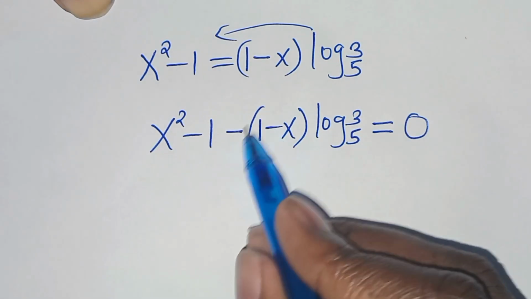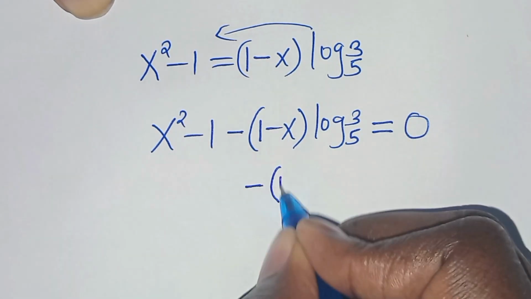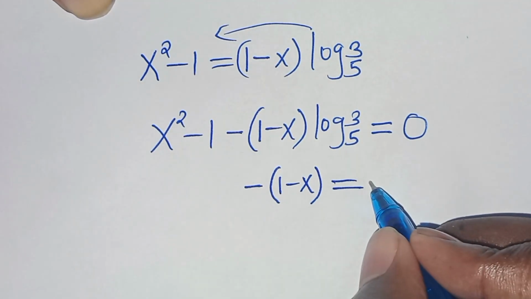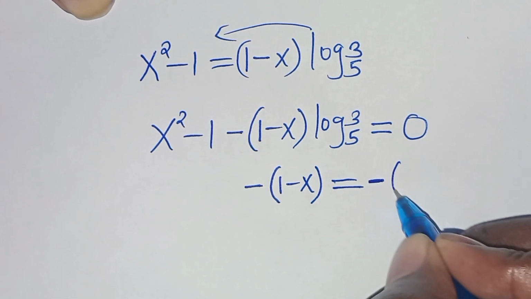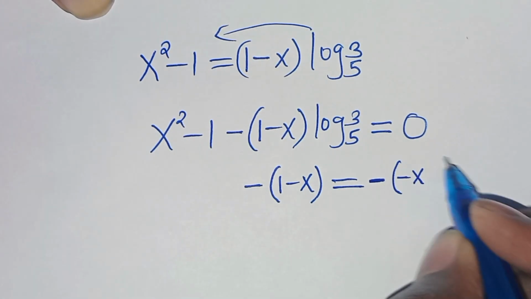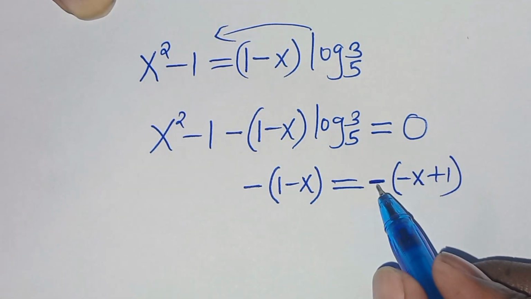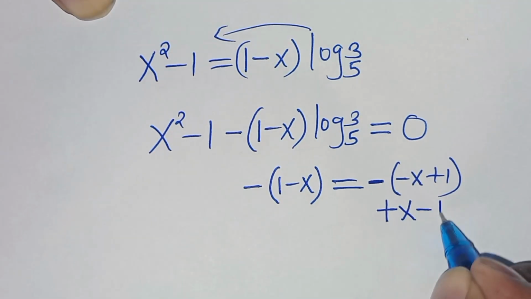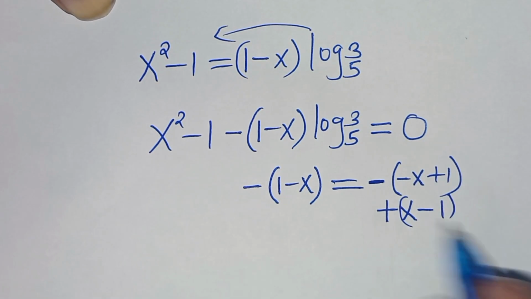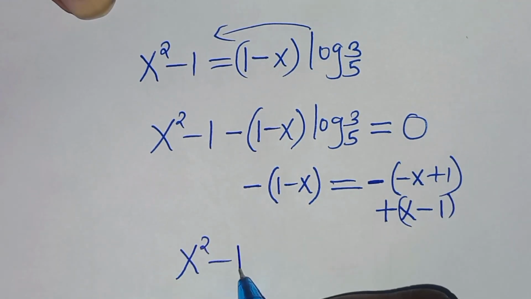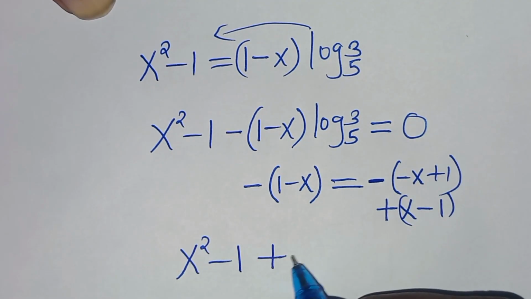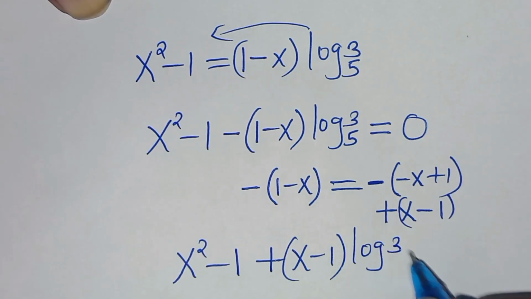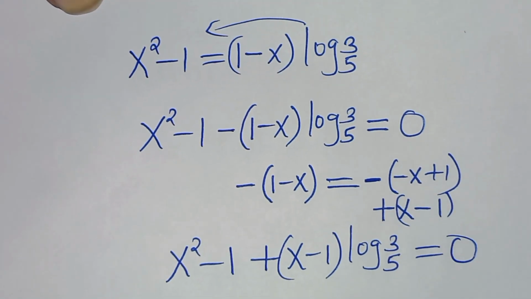Minus 1 minus x is the same thing as minus x plus 1 in parentheses, so minus times minus becomes plus x minus 1. Substituting this, we have x squared minus 1 plus x minus 1 times log 3 to base 5, equal to 0.